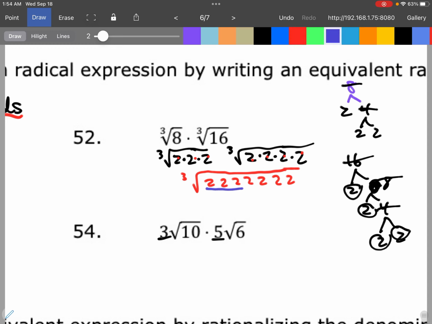These 3 get married. These 3 get married. And we have a 2 left over. He's going to stay in the weird house. On the outside, we got 2 times 2, which is 4. 4 cube root of 2 would be the answer right here.